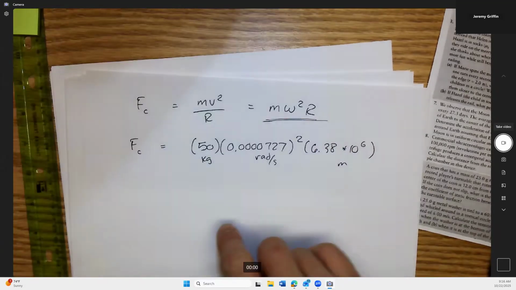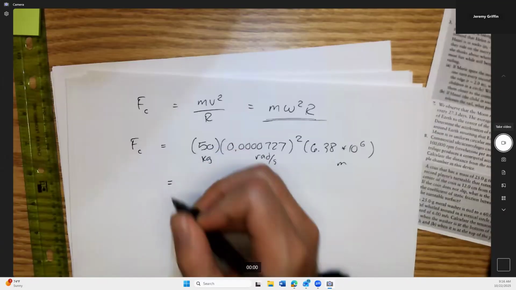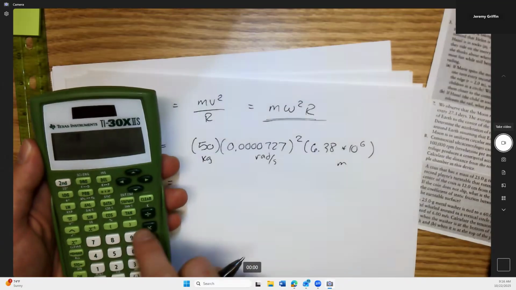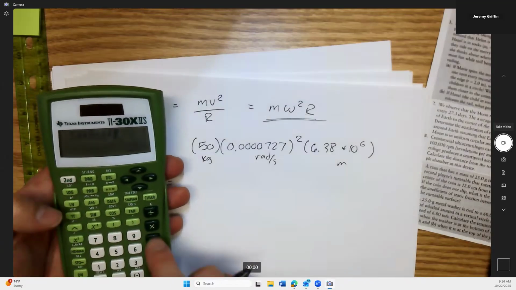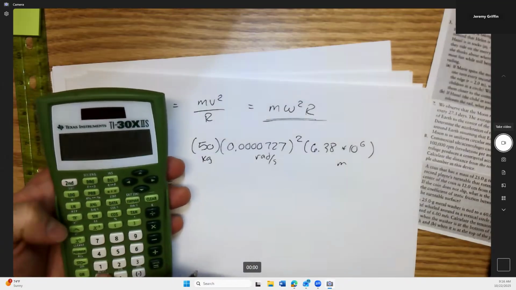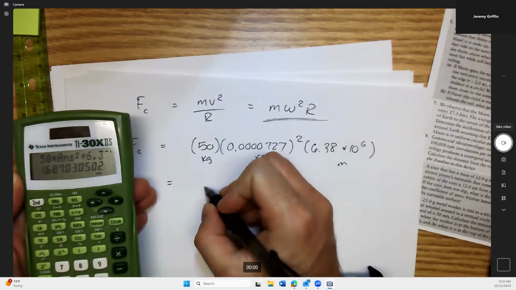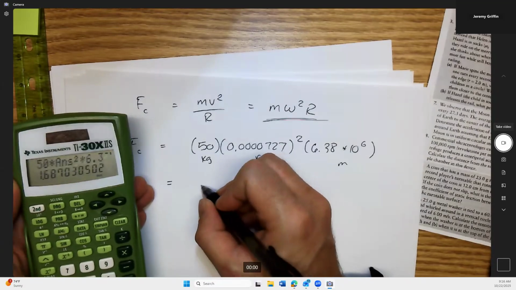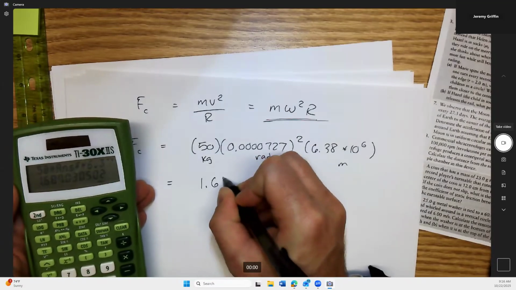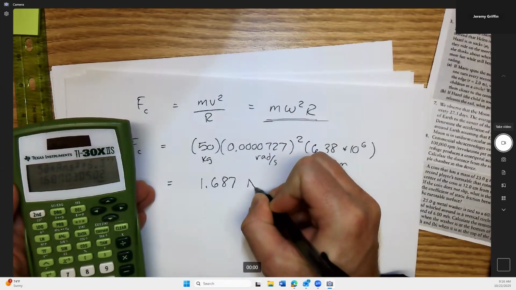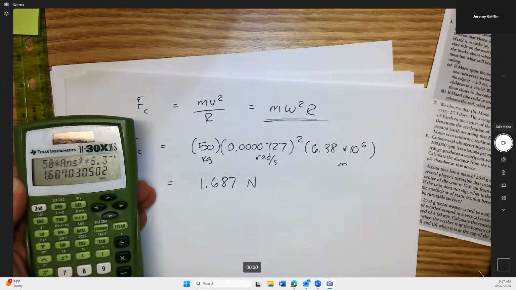All right. So let's get what is the necessary centripetal force? 50 times 10 squared, 48 times 10 to the 6. You guys get what I'm getting? About that many newtons. Are you guys getting?